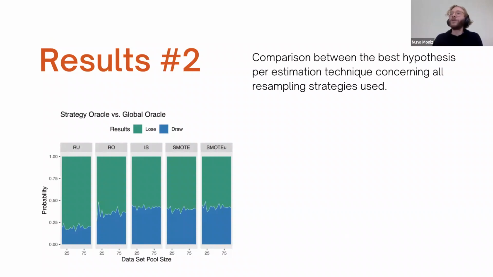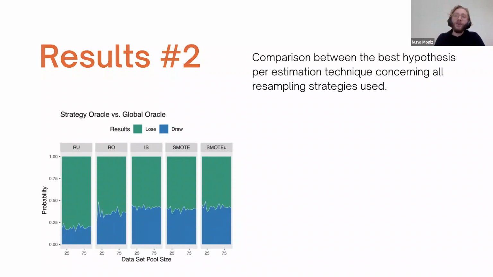So the second set of results, we compare the best hypotheses per estimation technique concerning all the resampling strategies used. So basically, the best one of them in all estimation techniques against the global oracle, which is basically for each data set, which was the best one out of sample.